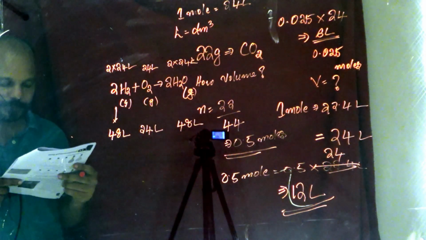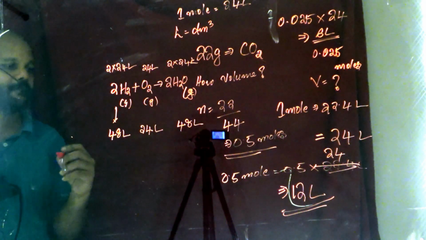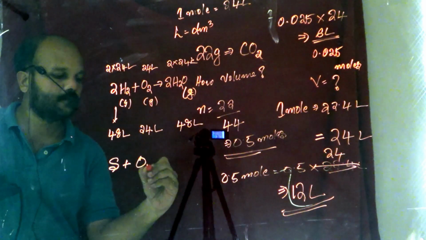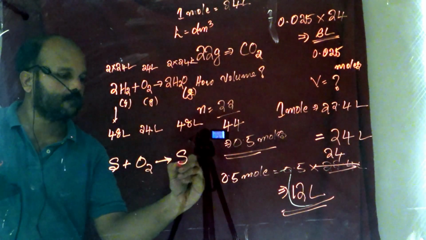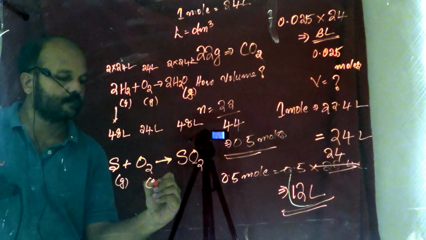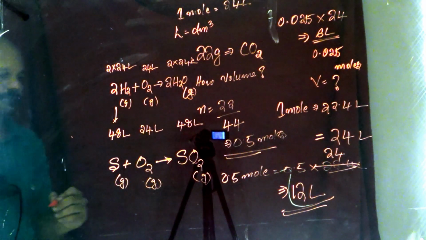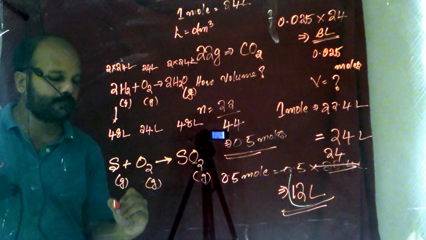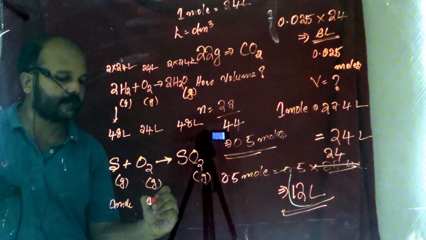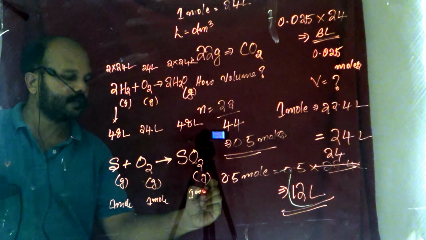If you take another equation, S plus O2 gives SO2. These are actually gases. Here, 1 mole of sulfur reacts with 1 mole of oxygen and forms 1 mole of SO2.